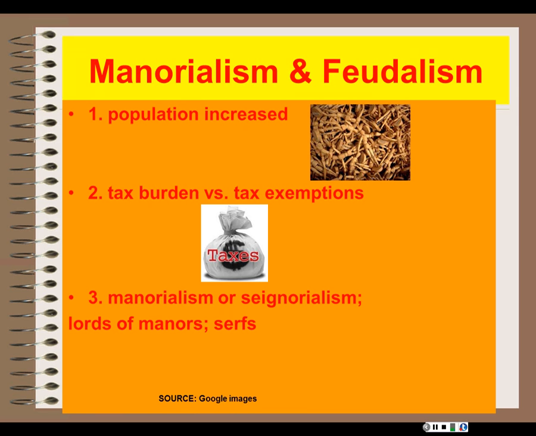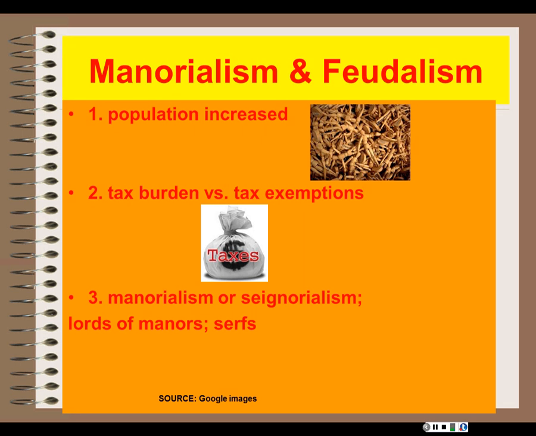At one point in time, the peasants, the small farmers, can no longer afford the system, and so they ended up doing what they were doing at the end days of Rome. They voluntarily gave up their land, surrendered their land to larger landowners and said, we can't afford the taxes anymore. Here, take our land. If you take our land, you'll be responsible for any taxes.